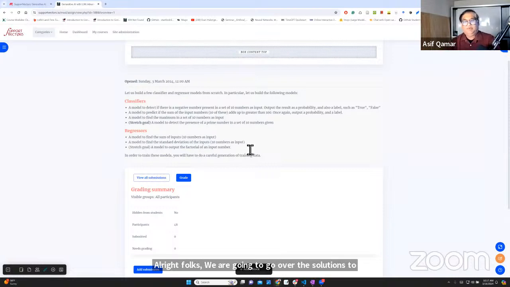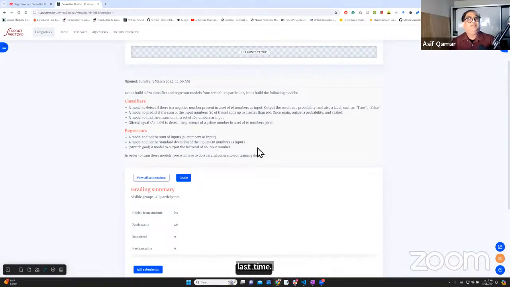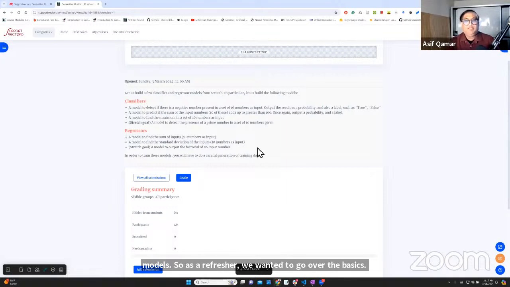Just to recap what was the homework we left with last time, we were getting started with training and fine-tuning of models. So as a refresher, we wanted to go over the basics. How would you use PyTorch to write, from the ground up, some basic classifiers and regressors?